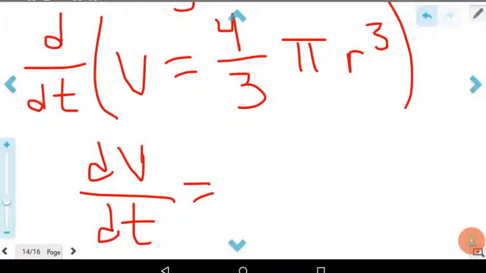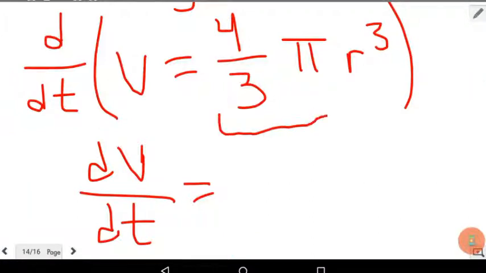Considering this as the chain rule, we're going to need to take the derivative of the outside, leave the inside alone, and then multiply that by the derivative of the inside. So keep in mind this 4/3 pi that's in front of our r cubed is just a constant coefficient.